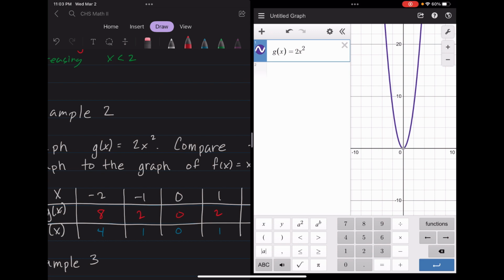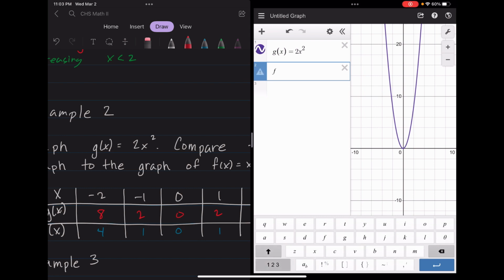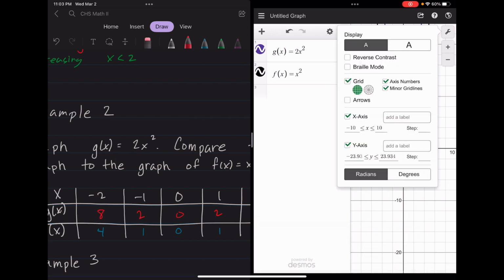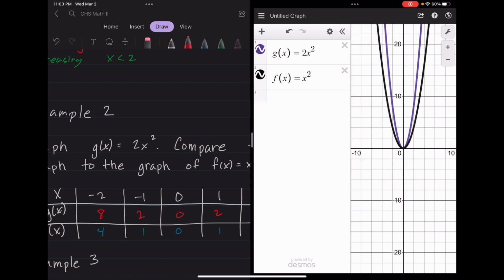That's one equation, and I want to compare that to the graph of my f of x. Let's type in f of x equals x squared.